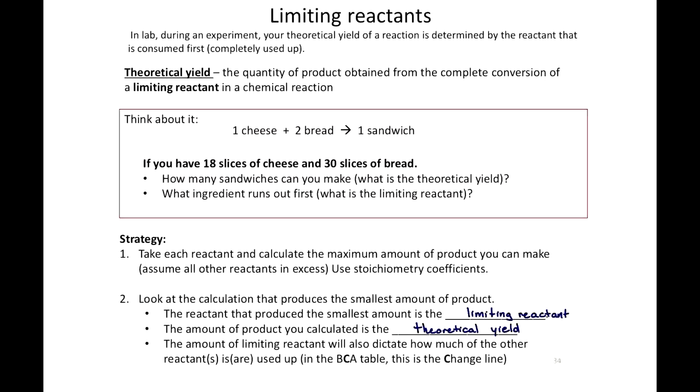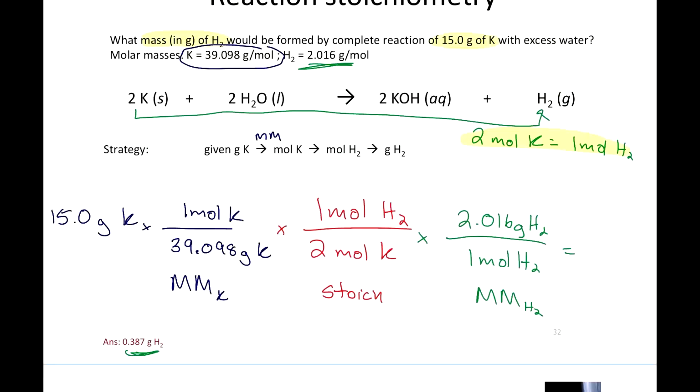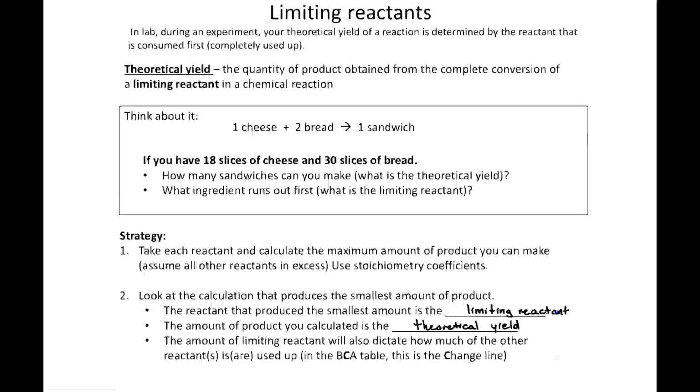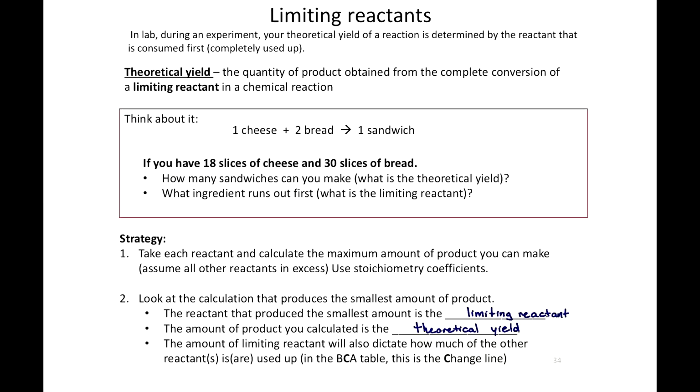If you noticed in the earlier questions, the ones with potassium, where I asked you to go from potassium to hydrogen, I had to tell you that water was an excess, meaning that it was basically infinite and would never run out. But in the real world, things do run out eventually, all right?